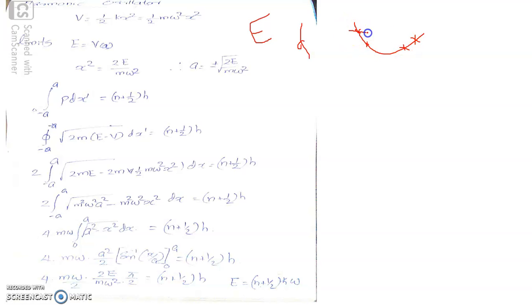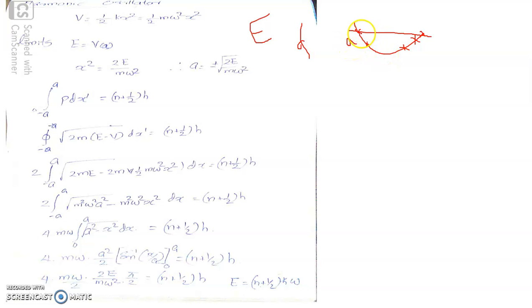And there could be two extreme points where the potential energy will be meeting the total energy, and the displacement corresponding to these points, you call them the amplitude or the maximum amplitude. If you take this as plus a, you will have to take this as minus a, under the assumption that the origin corresponds to the equilibrium position.